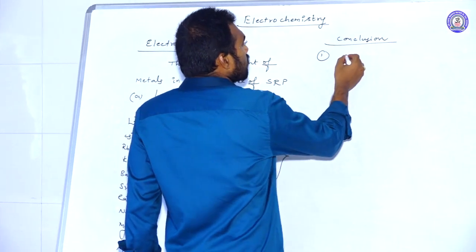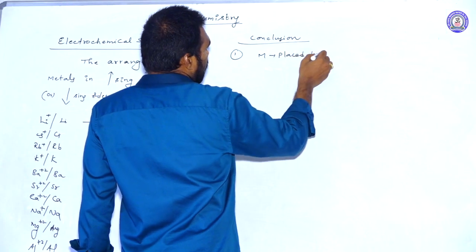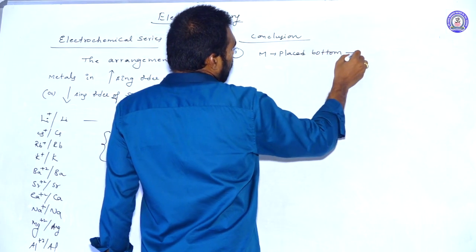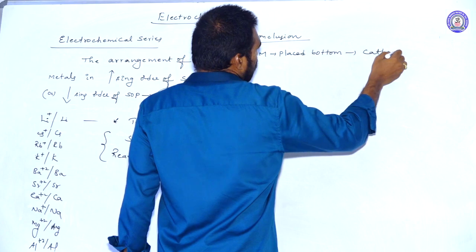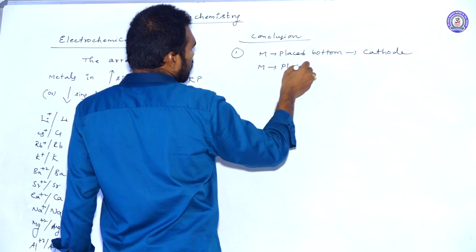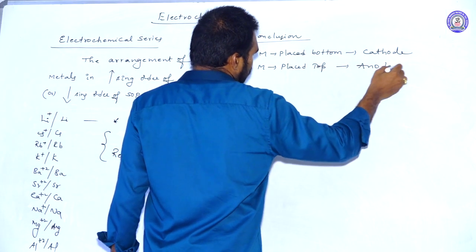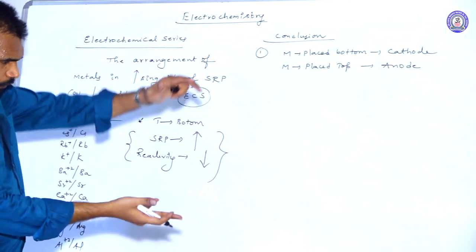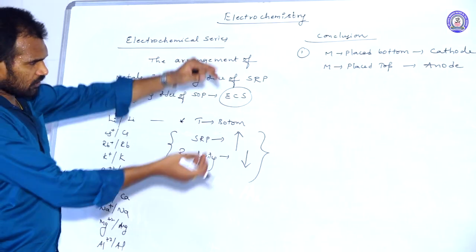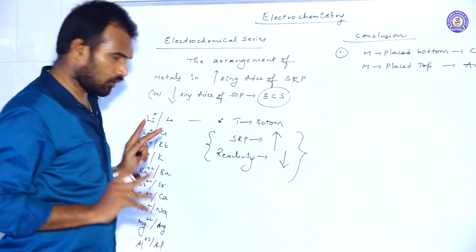So the metal which is placed at the bottom will act as cathode, and the metal which is placed at the top will act as anode. That is the first conclusion. Just compare the two metals: which is at the bottom will act as a cathode, which is at the top will act as anode.